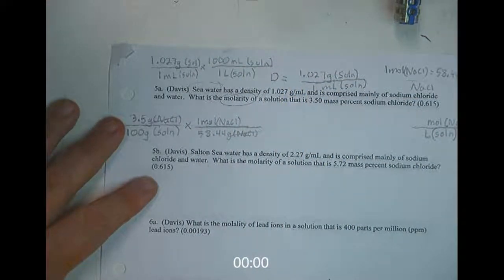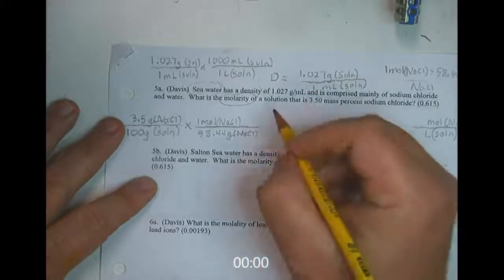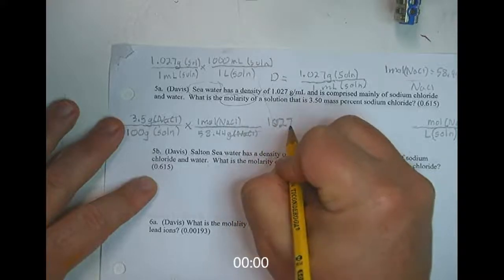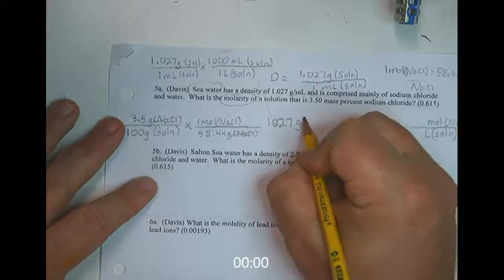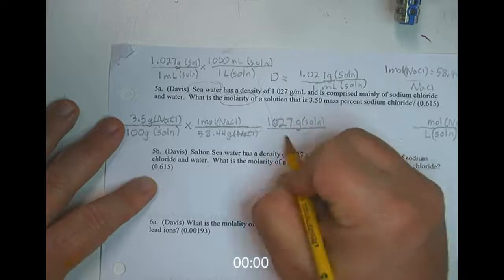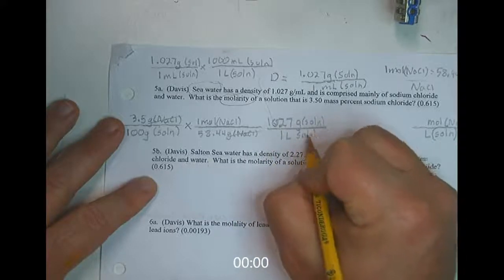If I do the math on that, I'm going to go ahead and write it down here now. I end up with 1,027 grams of solution for every 1 liter of solution. Just stop and think about that.